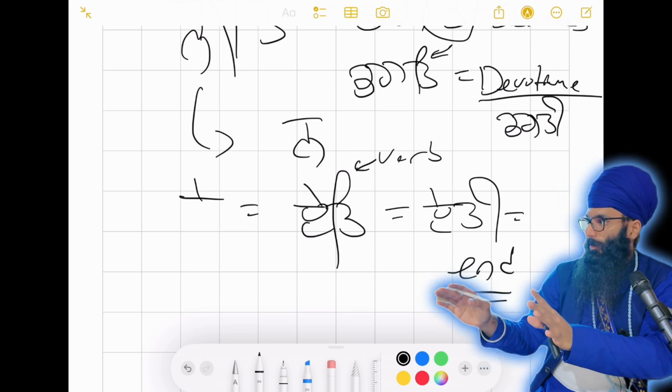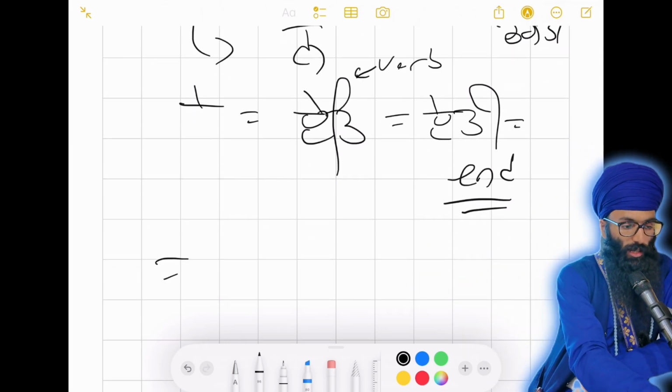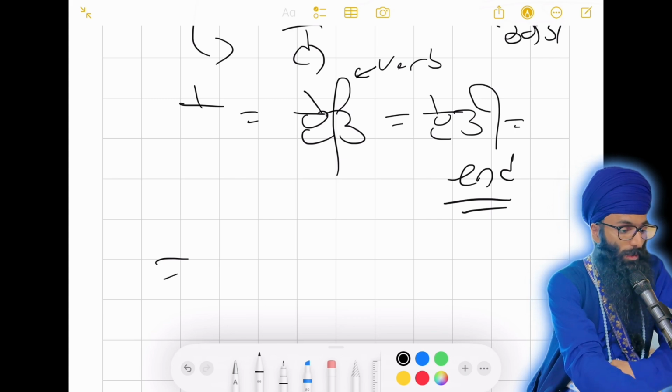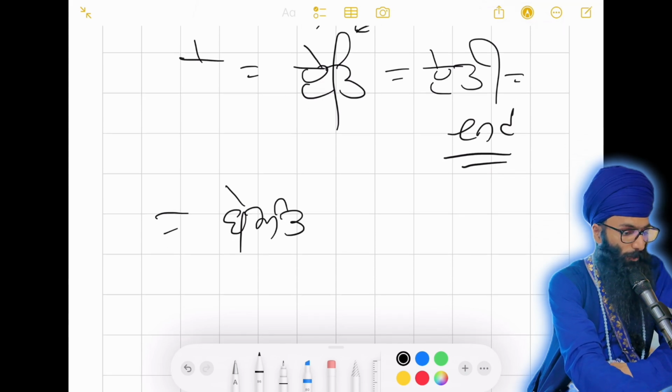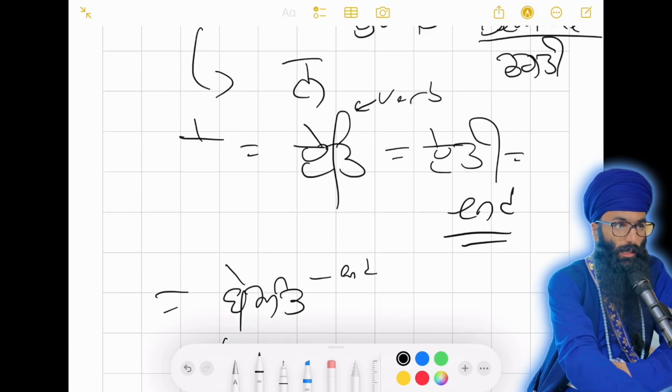Following along? No end. What does that translate to? It translates to, like when we say in Punjabi, beyant. Another word to learn, be means without. Ant means end. Without any end. Beyant. Na iti means no end.